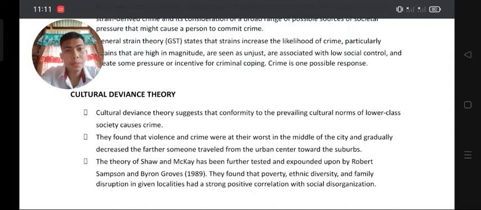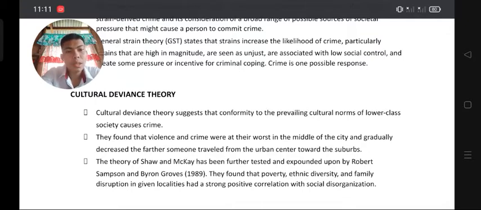Cultural deviance theory. Cultural deviance theory suggests that conformity to the prevailing cultural norms of lower class society causes crime. They found that violence and crime were at their worst in the middle of the city and gradually decreased the farther someone traveled from the urban center toward the suburbs.